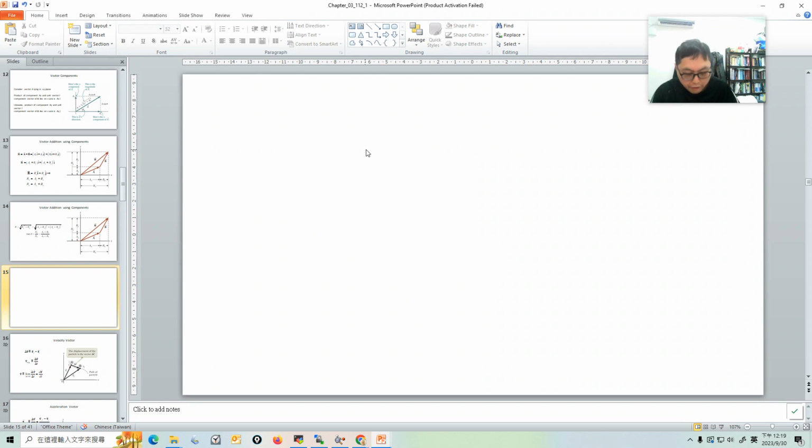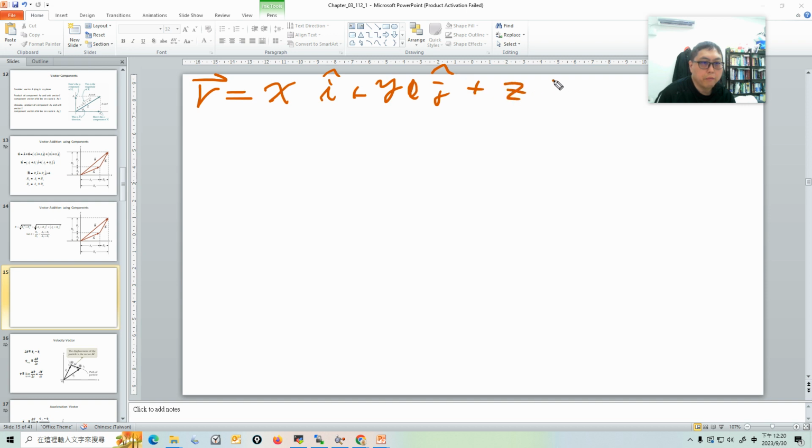Suppose we have a trajectory function, or the position vector. Let's say it's A. A position vector will have an x component, y component, and z component.